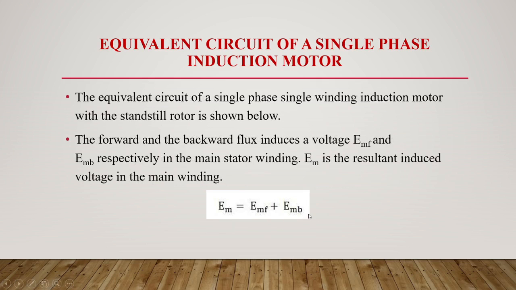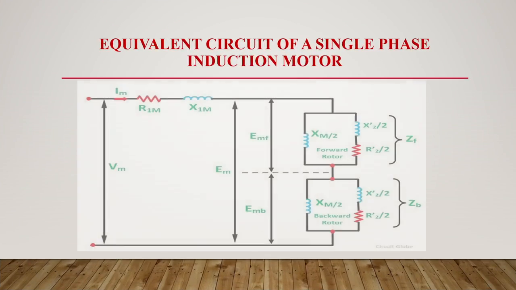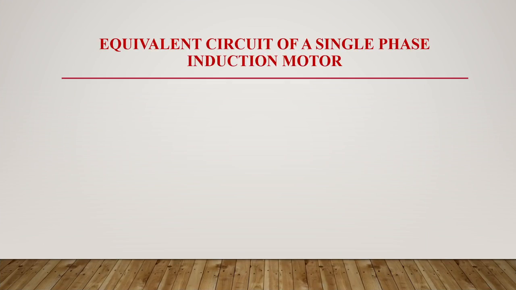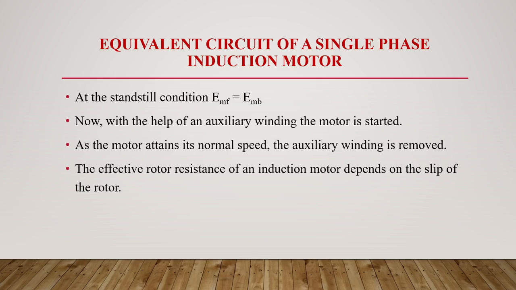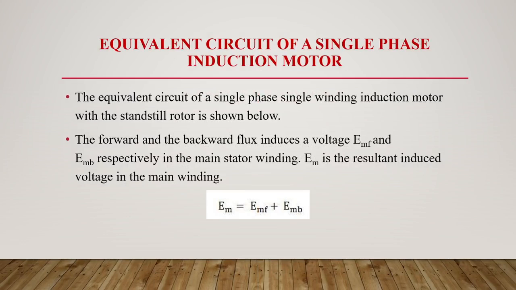So the equivalent circuit of single phase single winding induction motor with standstill rotor is shown below. So that was the equivalent circuit of single winding induction motor with standstill rotor.